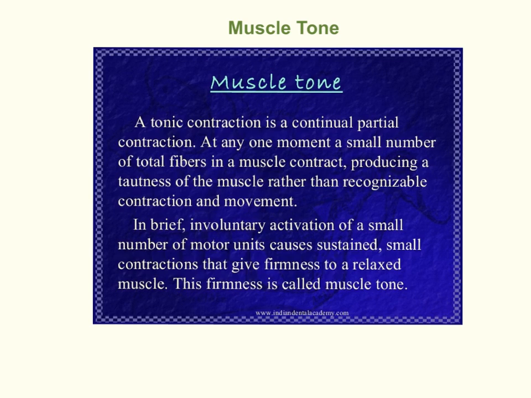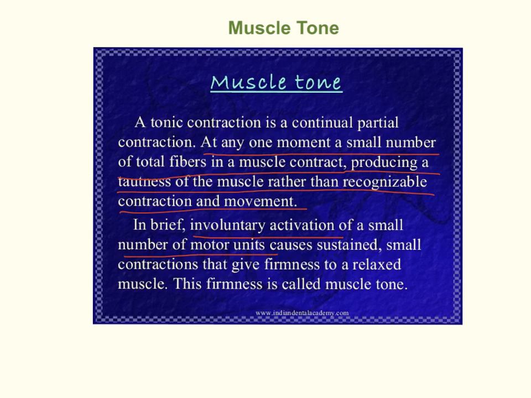Well, at any one moment, a small number of total fibers in a muscle contract, producing a tautness of the muscle rather than recognizable contraction and movement. So we don't actually see a flexing or an extending. We just know that we can look at somebody and see a little bit of muscle. And this is caused by involuntary activation of some motor units.